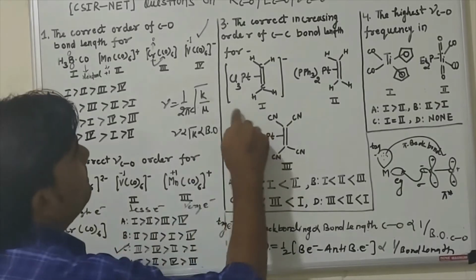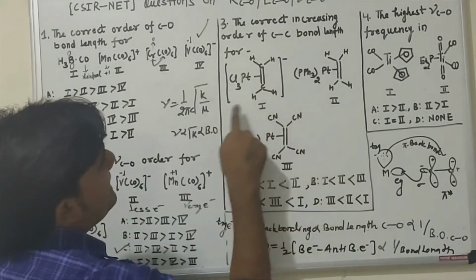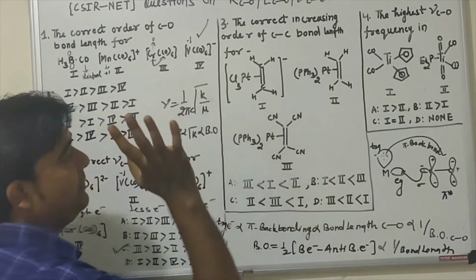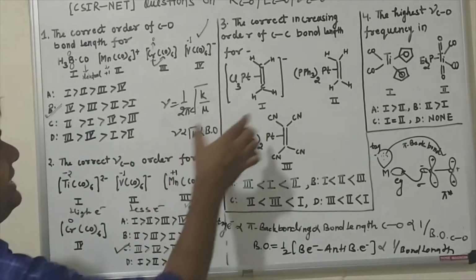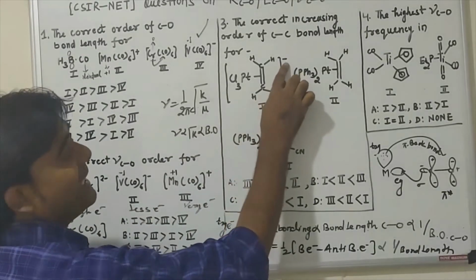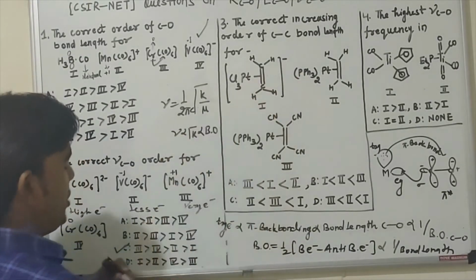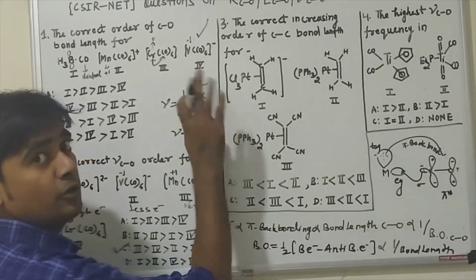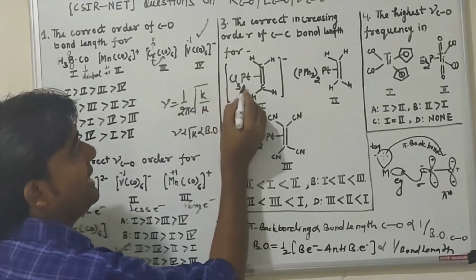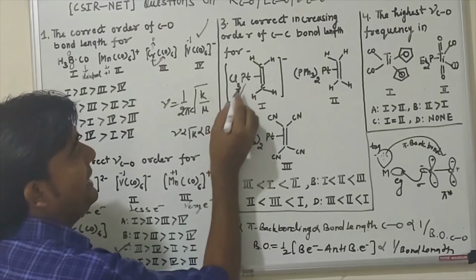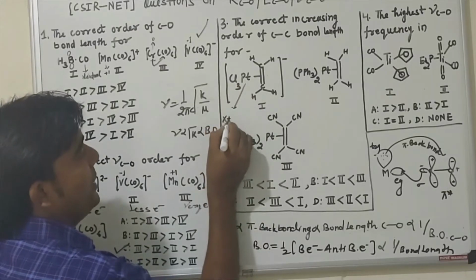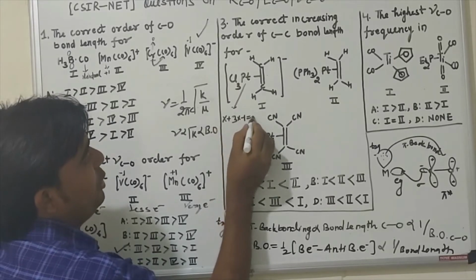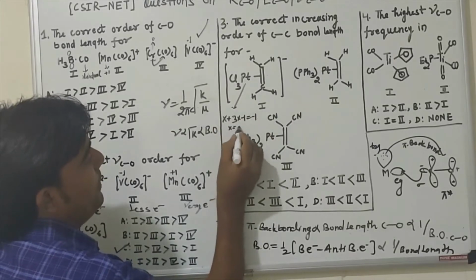If you look carefully at these examples, there is platinum. In this case there is one negative charge, so we can find the oxidation state. Because it is a -1 ligand, if Pt is X, then X plus 3 times -1 is equal to -1, so X is equal to +2.